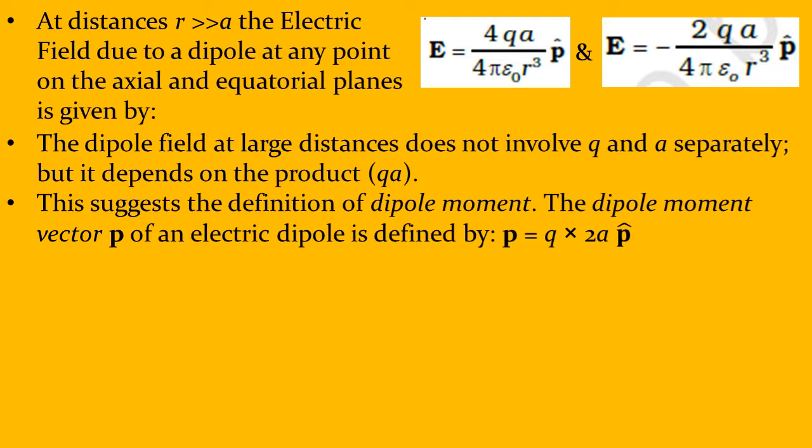The dipole moment vector, if I call it P, of an electrical dipole is defined as P, the dipole moment vector, equal to Q, one of the charges, into 2A, the distance between those two charges, into P hat. I require this P hat because this is a vector.